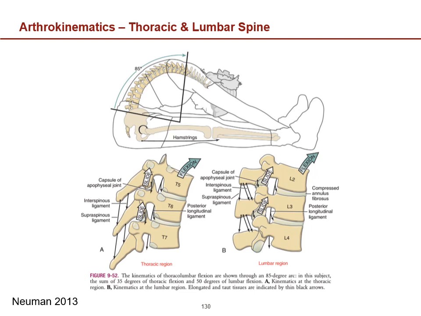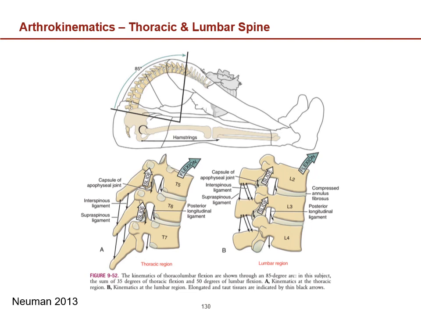Starting with the thoracic region, you can see as I flex, there's going to be superior and anterior gliding of the superior facet on the inferior facet of the adjacent vertebra. And the same is going to apply for the lumbar spine as well.